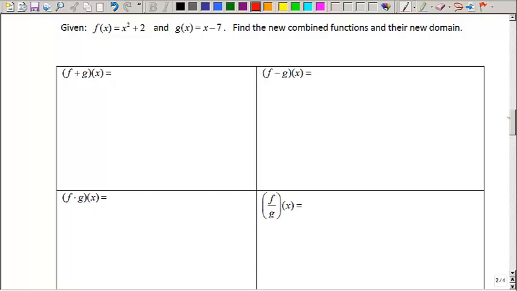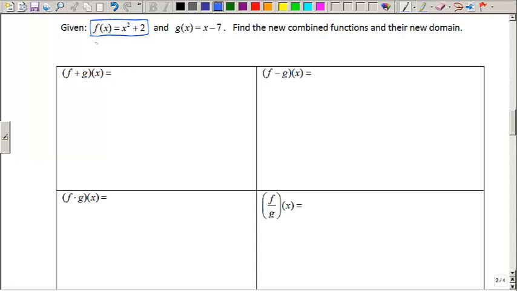Now, because we are creating new functions from old functions, we need to consider the domain restrictions of the original functions, even if the new functions may look different. What does that mean? Let's talk about this blue function f of x.